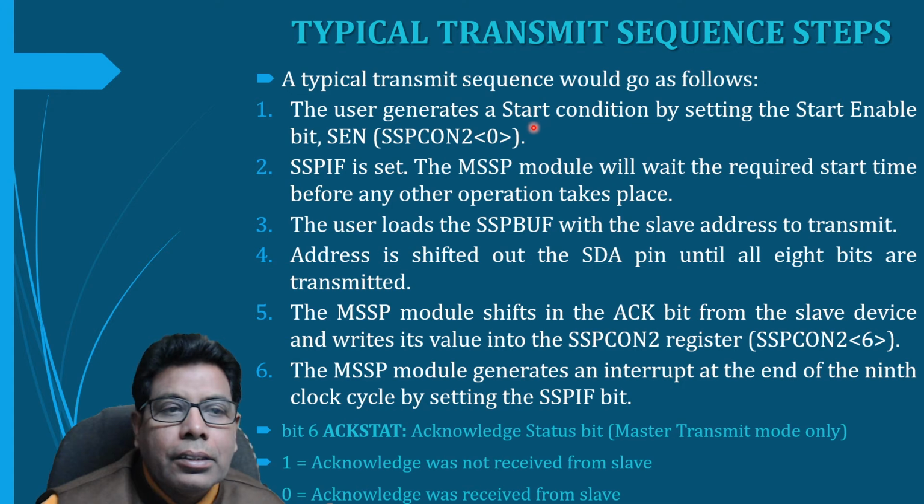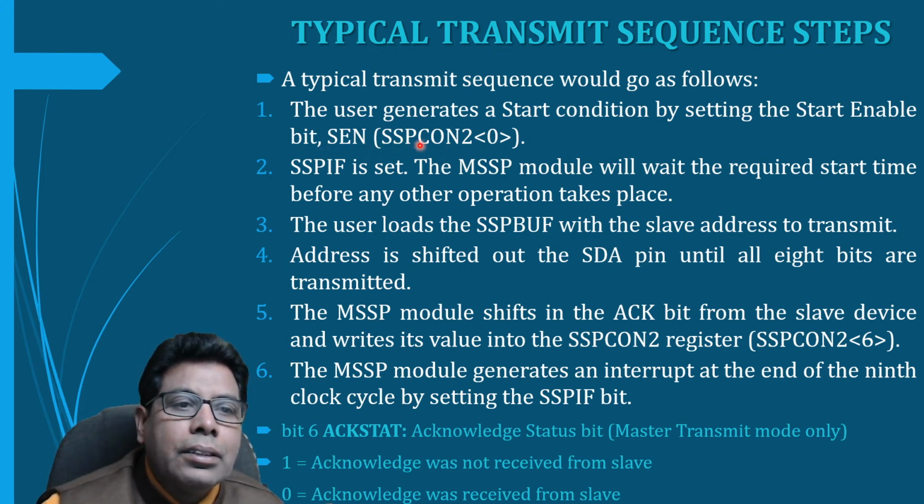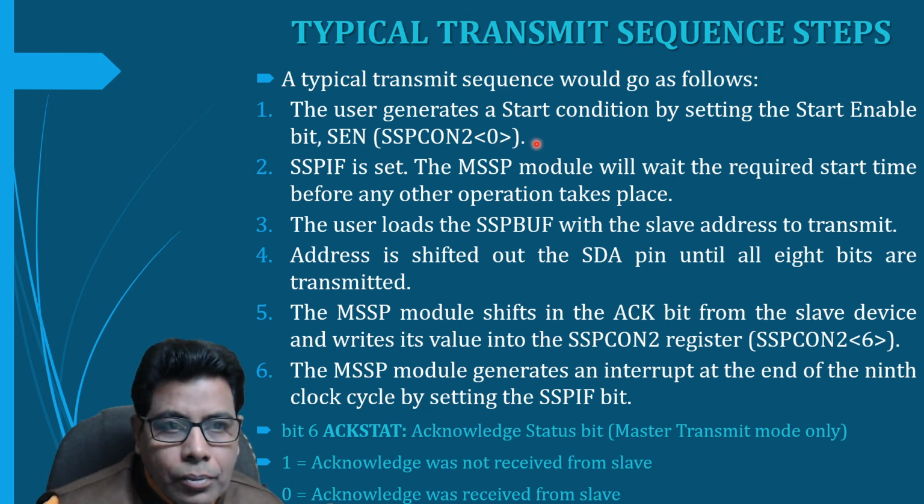The protocol always starts with the start condition by setting the start enable bit. Now this SEN bit is in SSPCON2, that is control register 2, bit 0. You can refer to the previous video for the details.